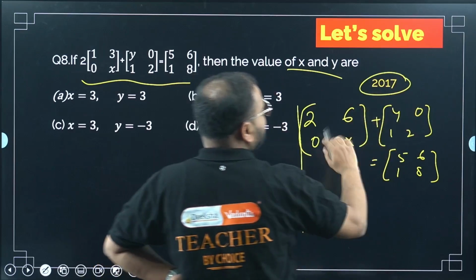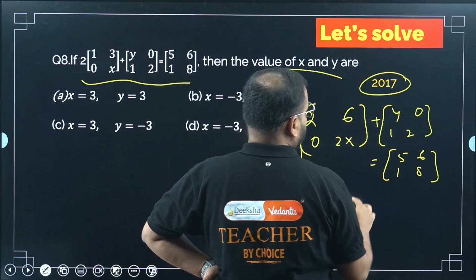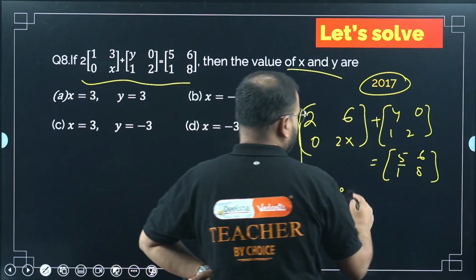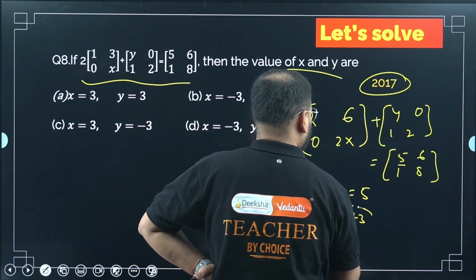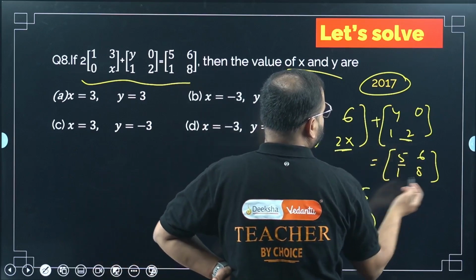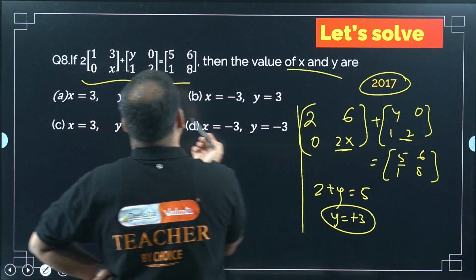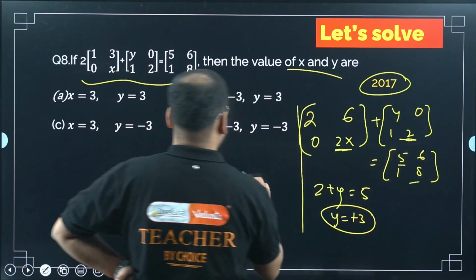Okay, so let's add the respective elements. 2 plus y is equal to what? 5. Please check. 2 plus y equals 5. What is the answer? y equals 3. What was the next one? 2x plus 2 equals 8. Please check here. 2x plus 2 equals 8.